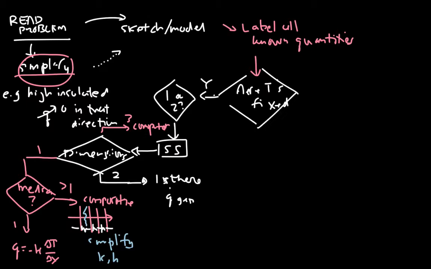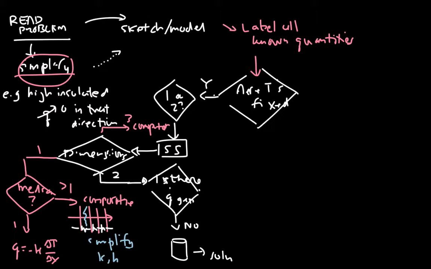If the answer is no, and it's just basically two-dimensional flow, we have to ask ourselves, is it one of the simplifying situations that we know? So there's no heat generation. Do you have a cylinder? If it's a cylinder in 2D flow, then we know the solution. But if it's not a cylinder, we're kind of stuck. You're going to have to go to the computer solution. If you don't have a cylinder, go to a computer.